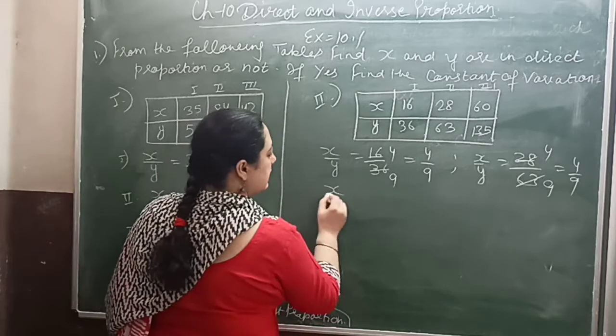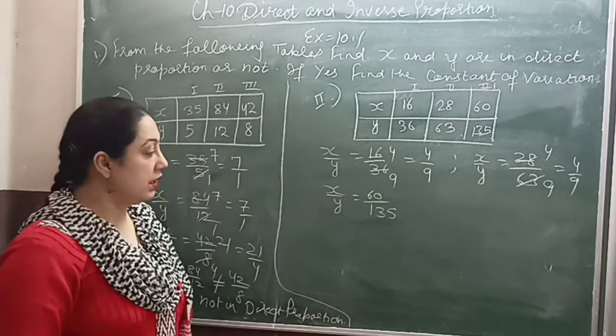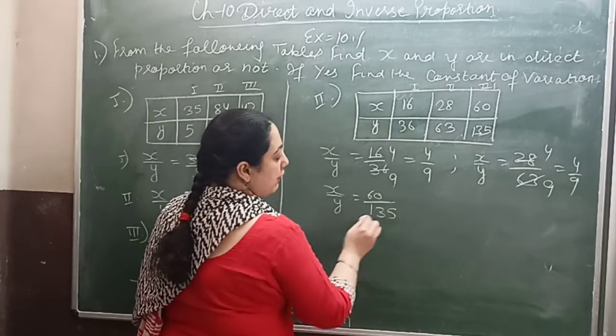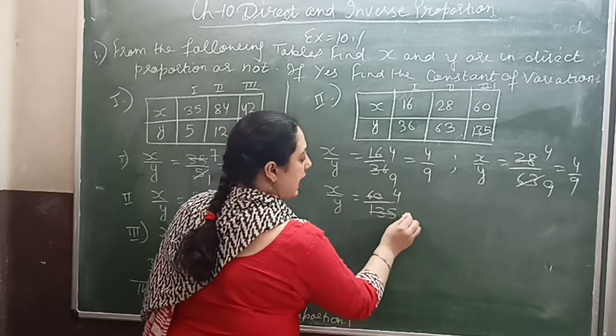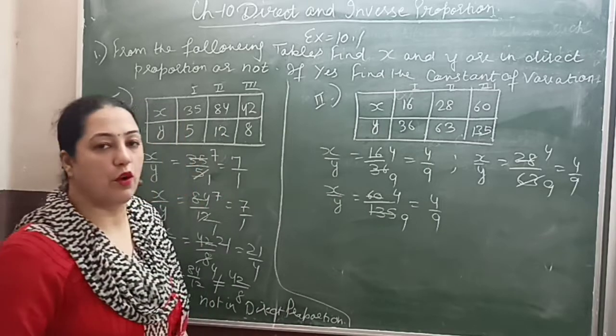Now the third one is 60 over 135, because it is divisible by 15: 15 fours are 60 and 15 nines are 135. So again its ratio is 4 over 9.